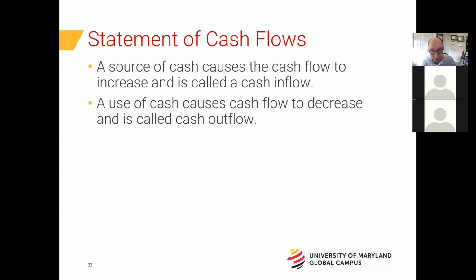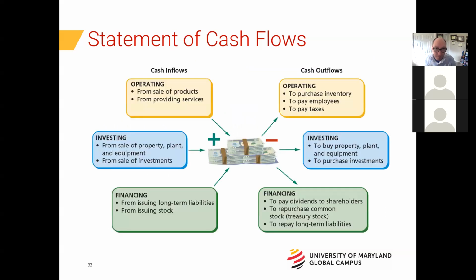The source of cash results in the actual physical cash, right? Cash coming into the business is classified as cash inflow. Cash going out of the business is called cash outflow. Very simple. It's important we understand the terms. There are sources of cash flow.